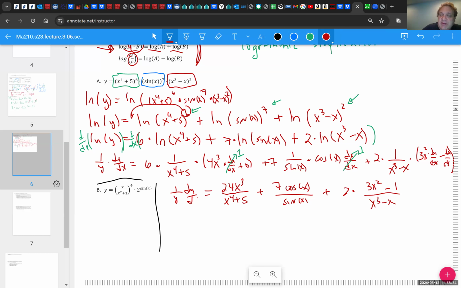I guess I could multiply the 2 to both of these, distribute if I wanted to, and get 6x squared minus 2. Maybe some people would like to do that because there's a number here that can be clearly combined with the other numbers. I think that's probably a good idea. Okay, we are not quite done because remember, our goal is to find dy/dx.